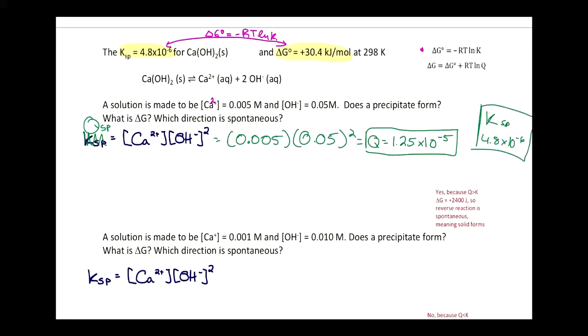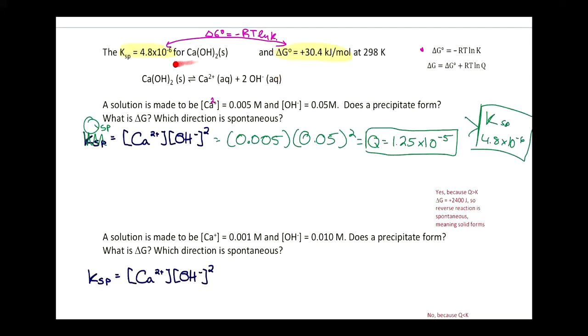So right now, I have made a solution where Q is larger than K. Do you agree that Q is larger than K right now? So go back to chapter 15. And I ask you, if Q is larger than K, you have too much what right now? Products. If Q is a bigger number than K, I have too much product.